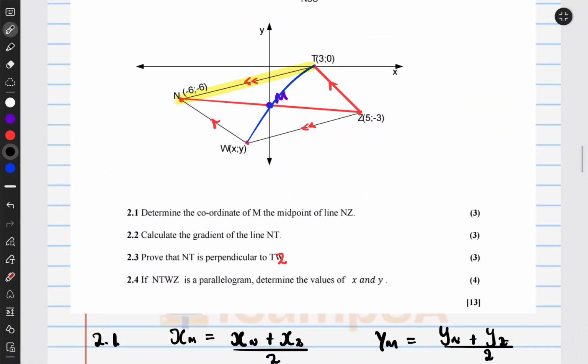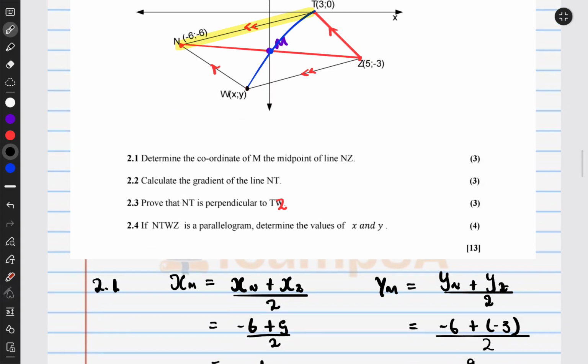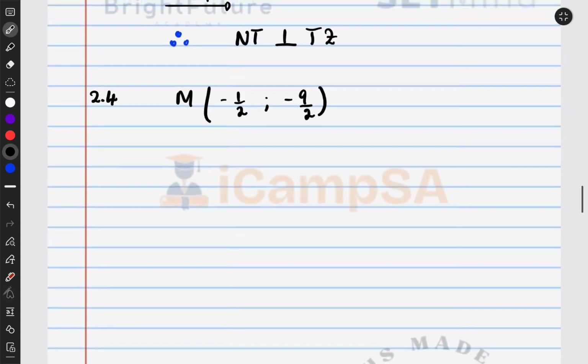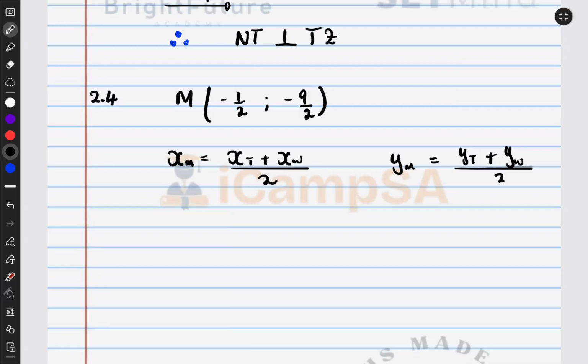Now let's calculate x and y by using the coordinates of the midpoint, the coordinates of W, and the coordinates of T. So we know that the x of M is equal to xT plus xW, which is the x that we are looking for, over 2, and yM, which is the y of the midpoint, is equal to yT plus yW, which is the y that we are looking for, divided by 2.